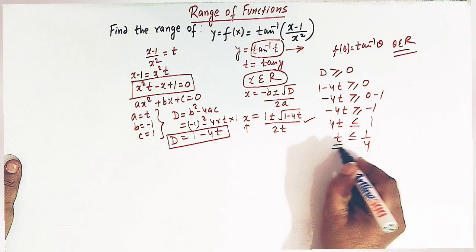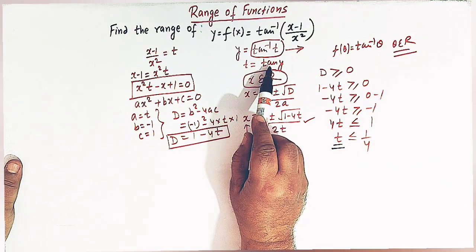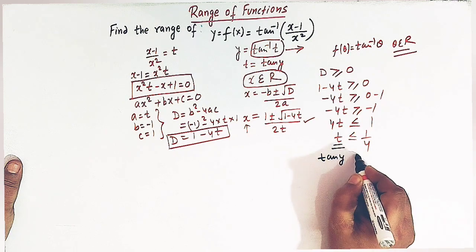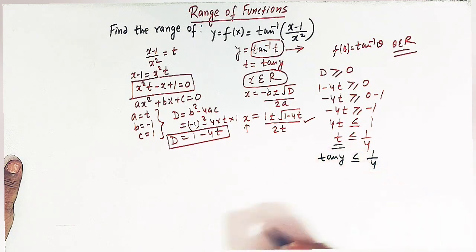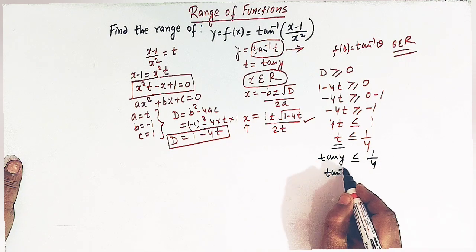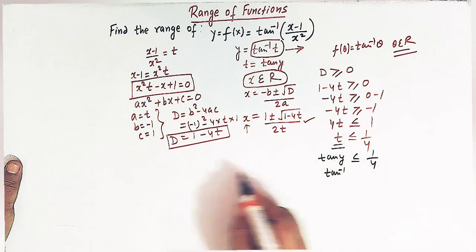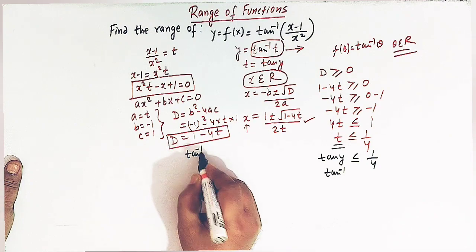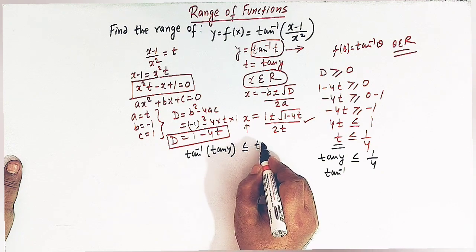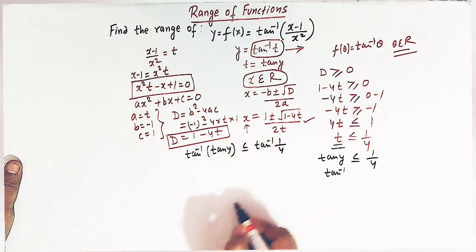Now our t is equal to tan of y. So here we can write tan y less than or equal to 1 by 4. Now taking the tan inverse of both sides, we get tan inverse of tan y on the left, and tan inverse of 1 over 4 on the right.